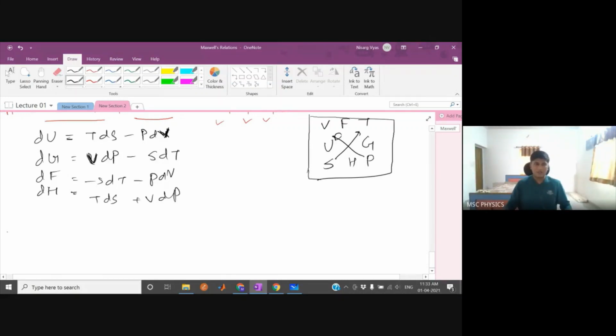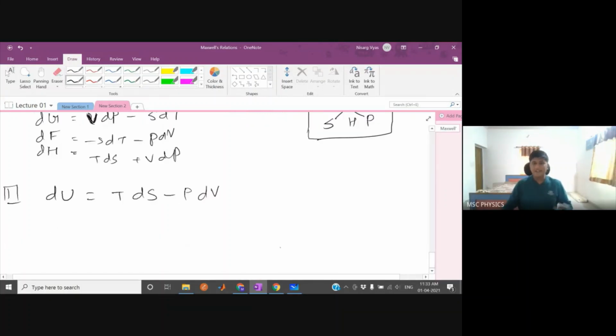Now let's talk about dU first. There are 2 natural variables of dU, S and V. So why did we do this mathematics? You can write this dU and compare it with dz equal to M dx plus N dy.